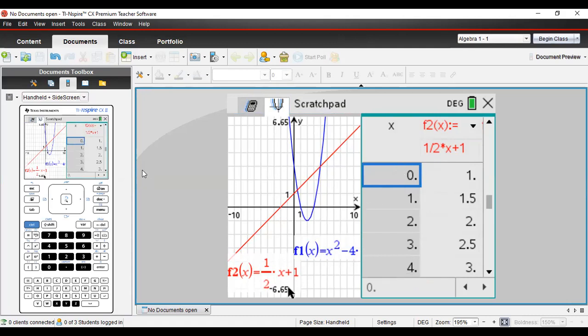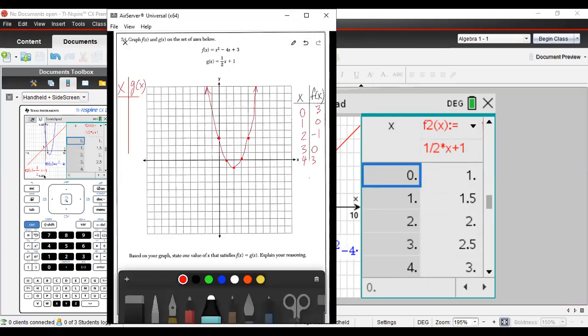Over here, I'm going to do this in black. This is going to be 0, 1. This is going to be 2, 2. Notice I skipped the 1, 1.5 because I don't want decimals. Then I got 4, 3. And I think that's enough for a linear.